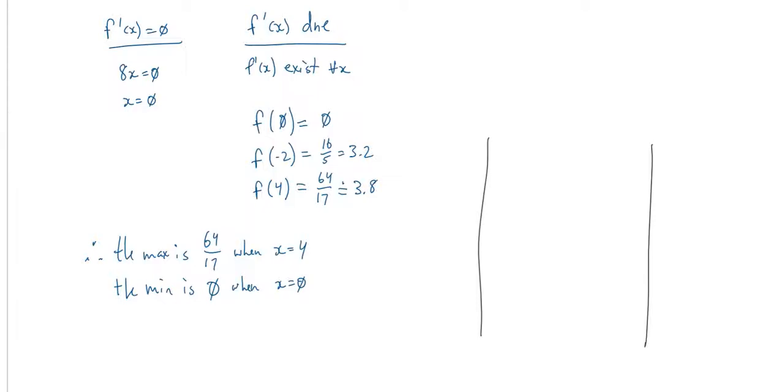Any questions about that? So far, we're going to do our sketch. Goes from -2 to 4. At -2, I'm at 3.2. So I'm going to mark that, let's say, here.